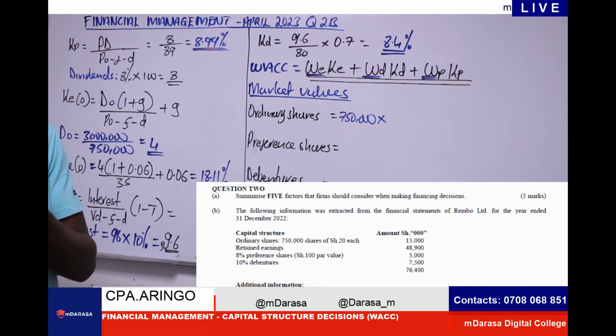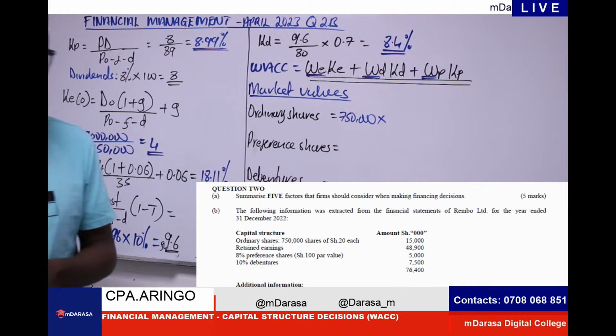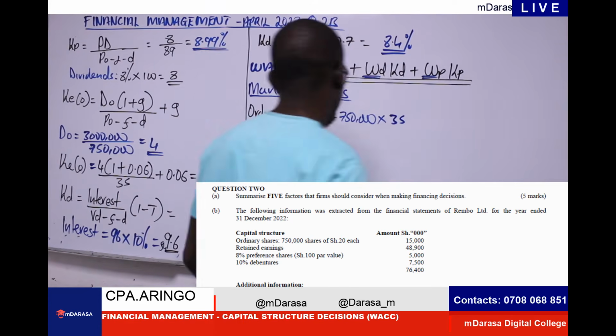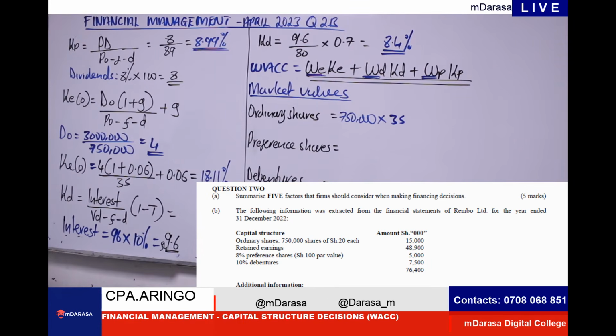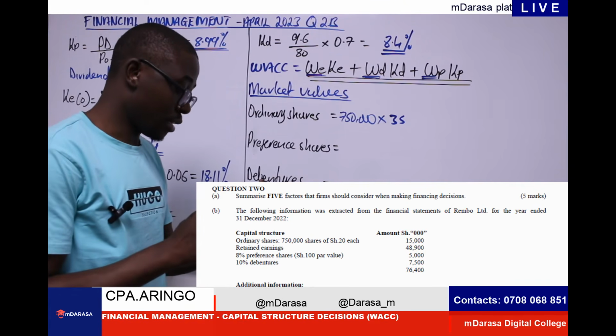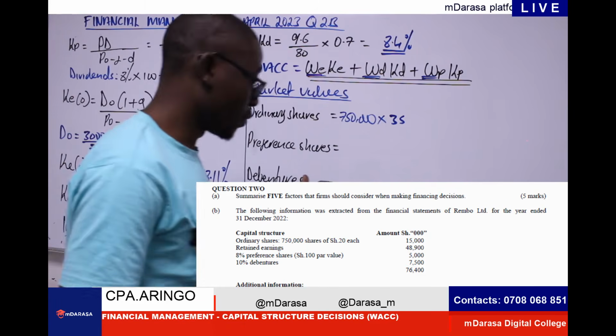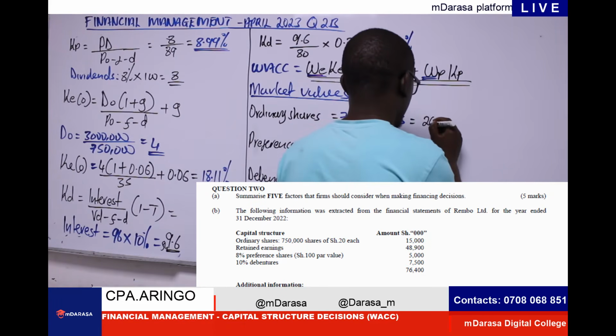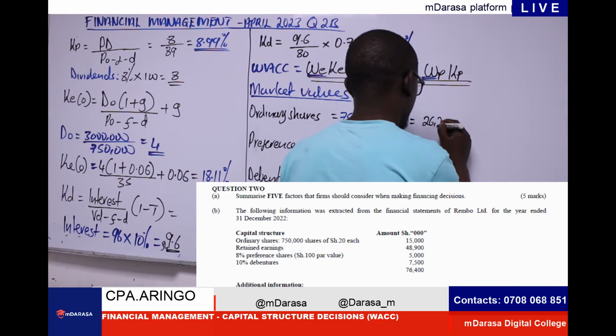We had a value of 35. So the value of these ordinary shares will be 750 by 35. Mwalimu is getting 26,250, our values being in thousands.